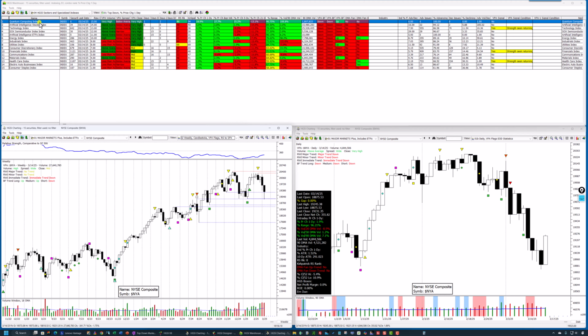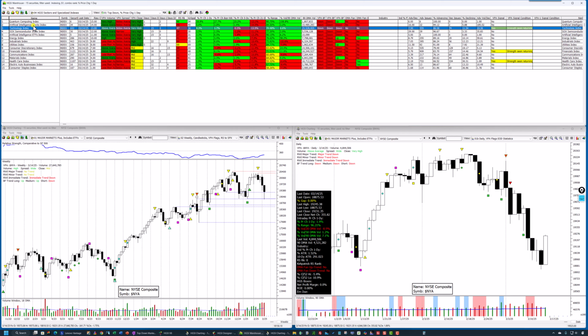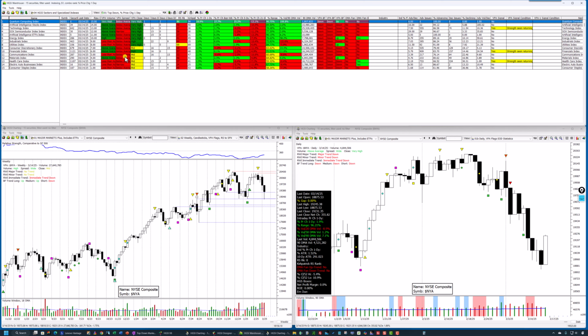You can see quantum computing was up 18.9% yesterday, followed by artificial intelligence stocks and so on. Now, these lists may not be complete.